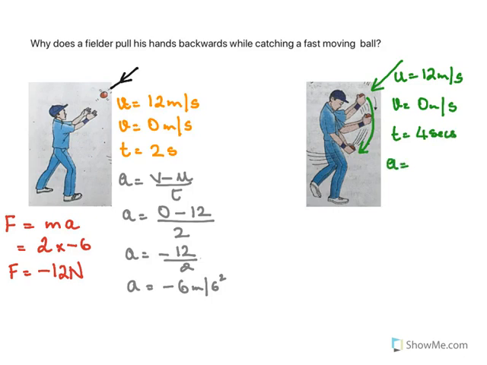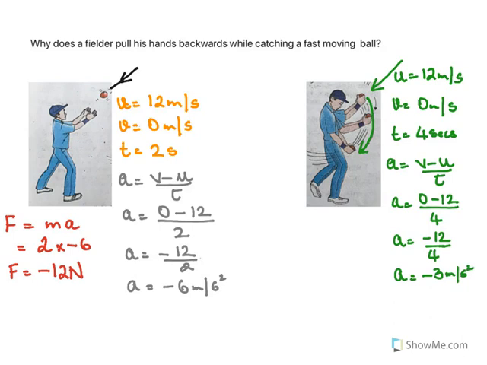So the acceleration is V minus U over T. So the acceleration, V we know is 0 minus 12 and the T is 4. So acceleration is minus 12 over 4, which will be minus 3 meters per second square.